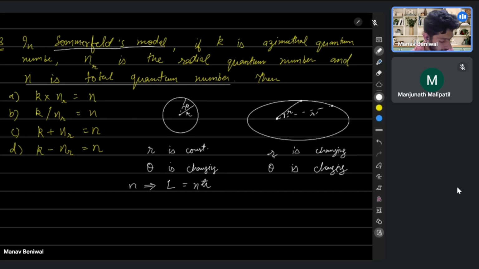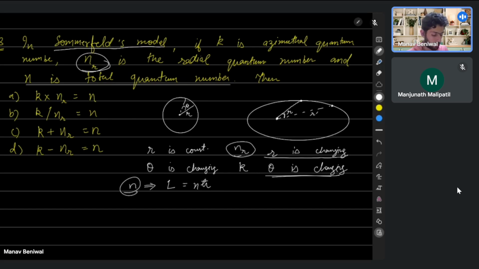Because your r is now changing, you'll get one additional quantum number, which is nr. This is the radial quantum number, and because your theta is changing, you will get one quantum number k. Now we have two quantum numbers. Earlier we only had one, n. Now we have two, nr and k. So the total quantum number n is defined as nr plus k. So the correct option is C.